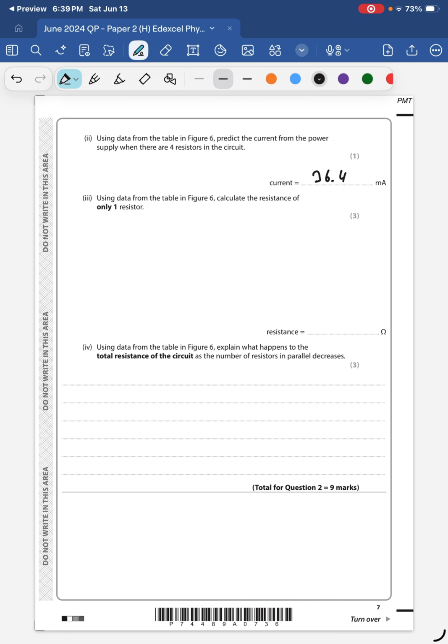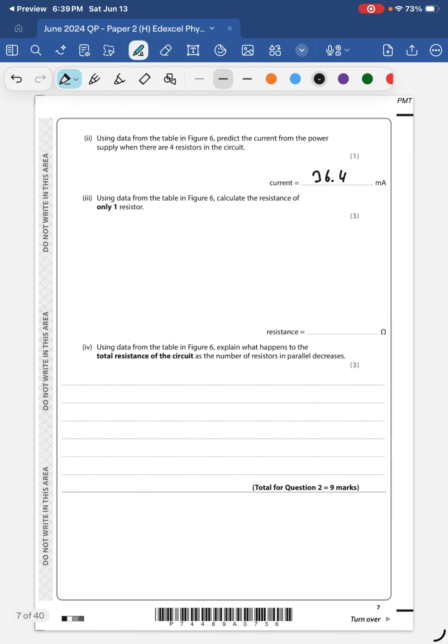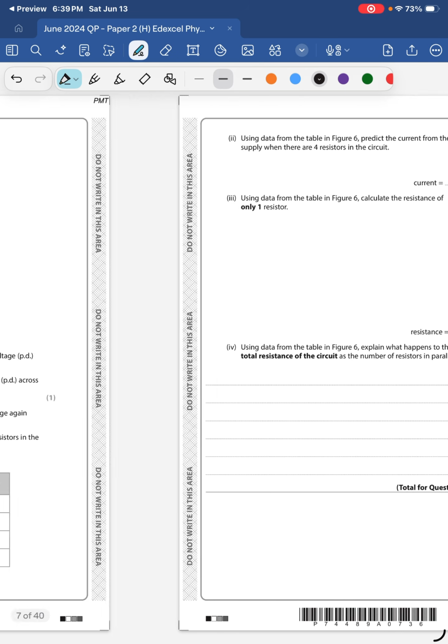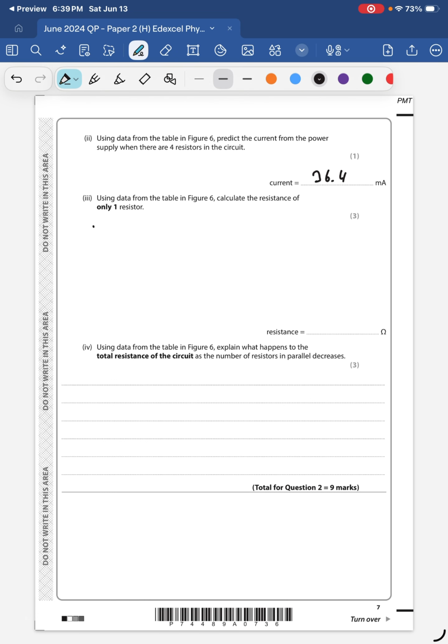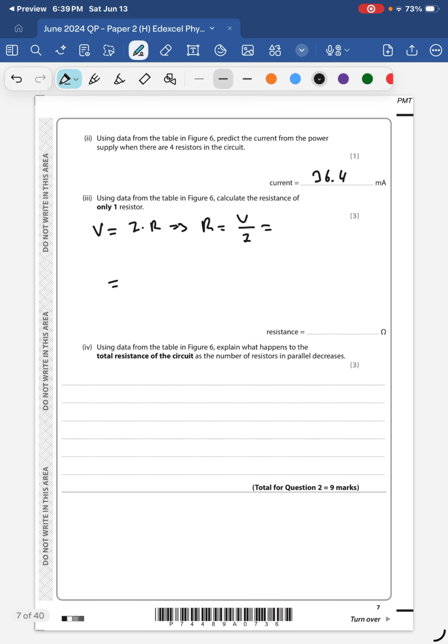Using data from the table in figure 6, calculate the resistance of only one resistor. So we can use this value for one resistor, it's going to be the easiest. We need the resistance. Voltage is current times resistance, so the resistance is voltage over current. What was the voltage? 6 volts over 9.1 times 10 to the negative 3.